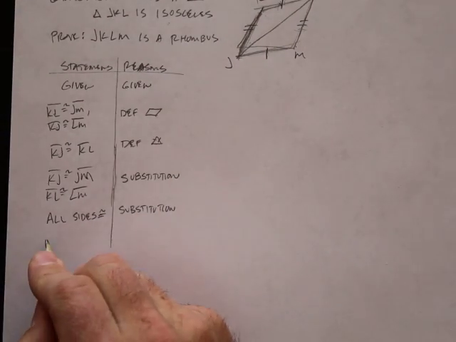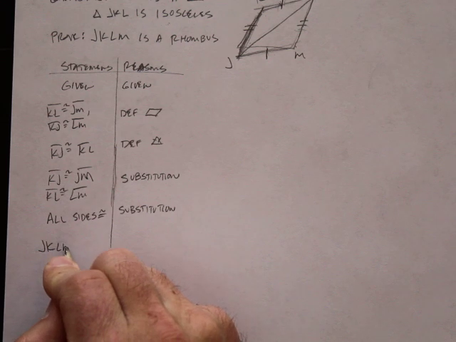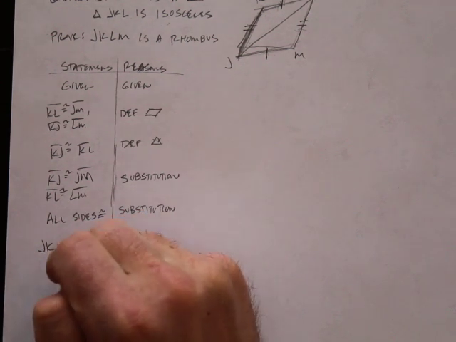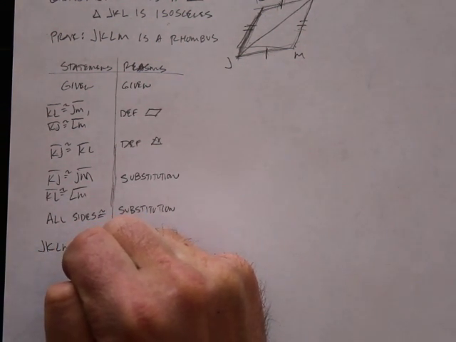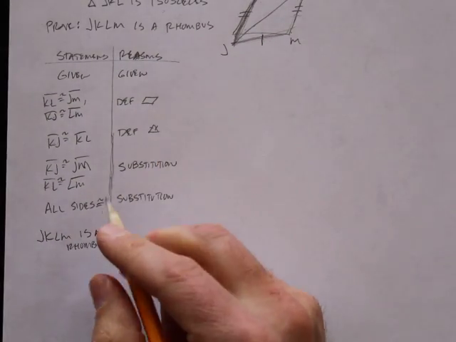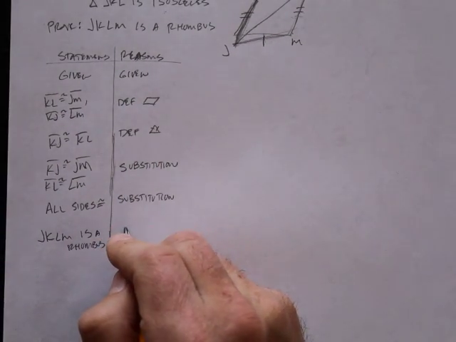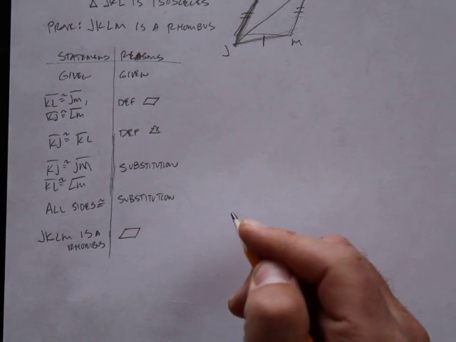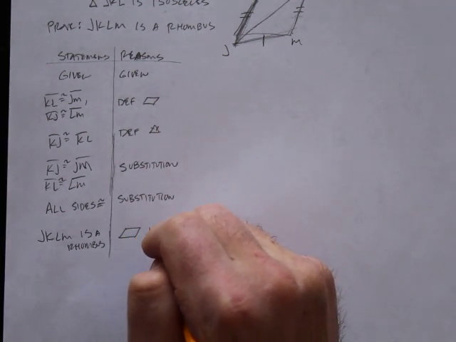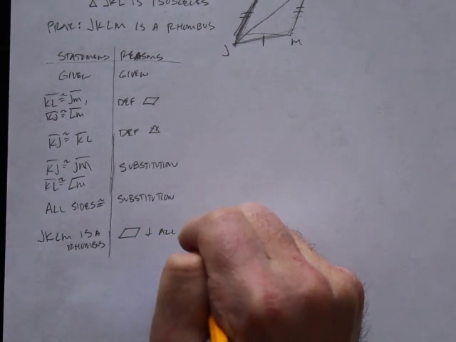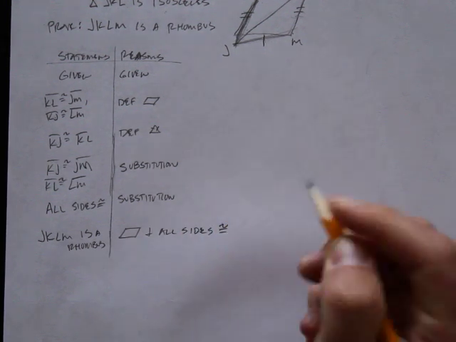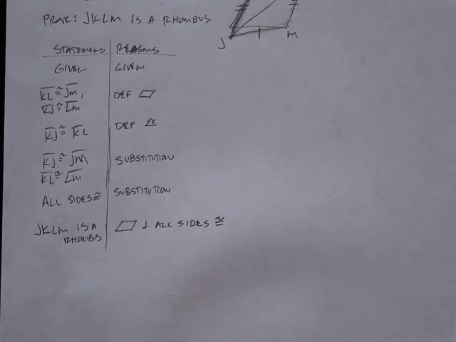Now, if all sides are congruent, then I say JKLM is a rhombus, and that is because this is a parallelogram, and all sides are congruent. Boom. And that is the proof. Done. And 6-5, done.